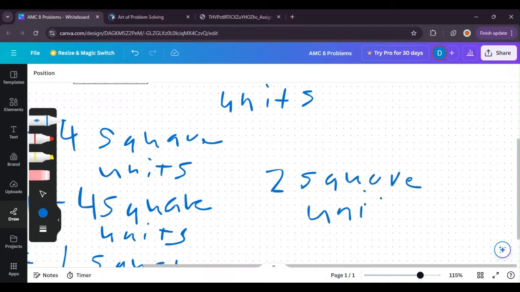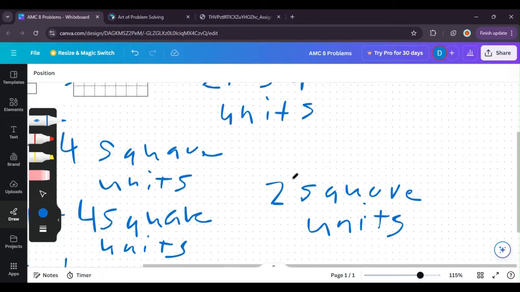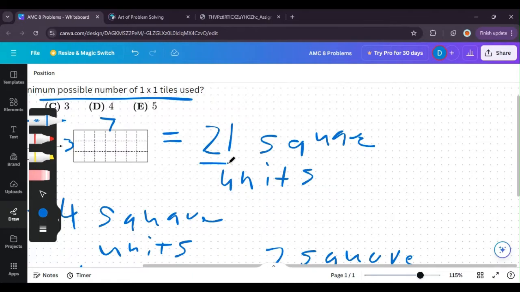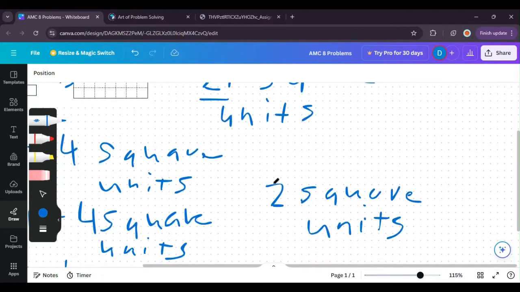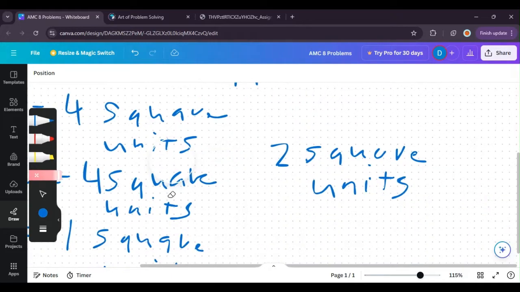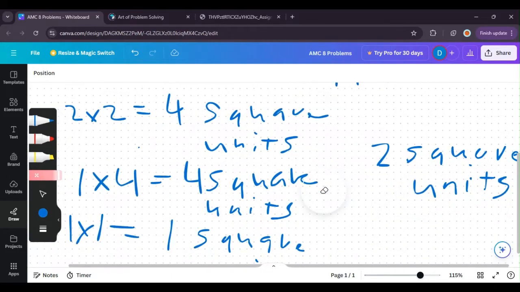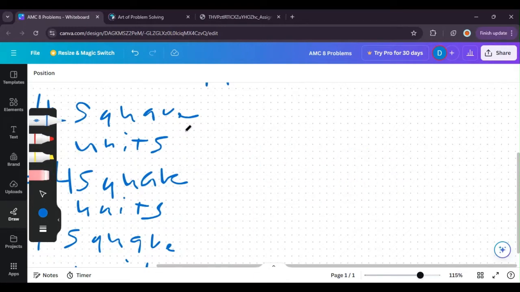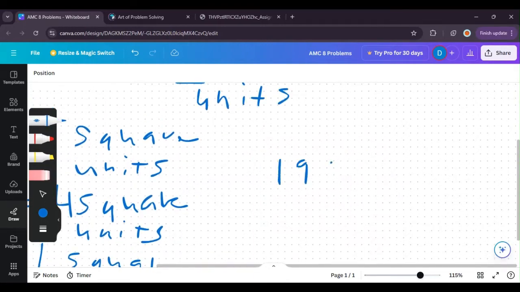And if 2 square units are already taken up of the 21 total square units, that means there are 19 square units left for the 4x1 and 2x2 to cover.